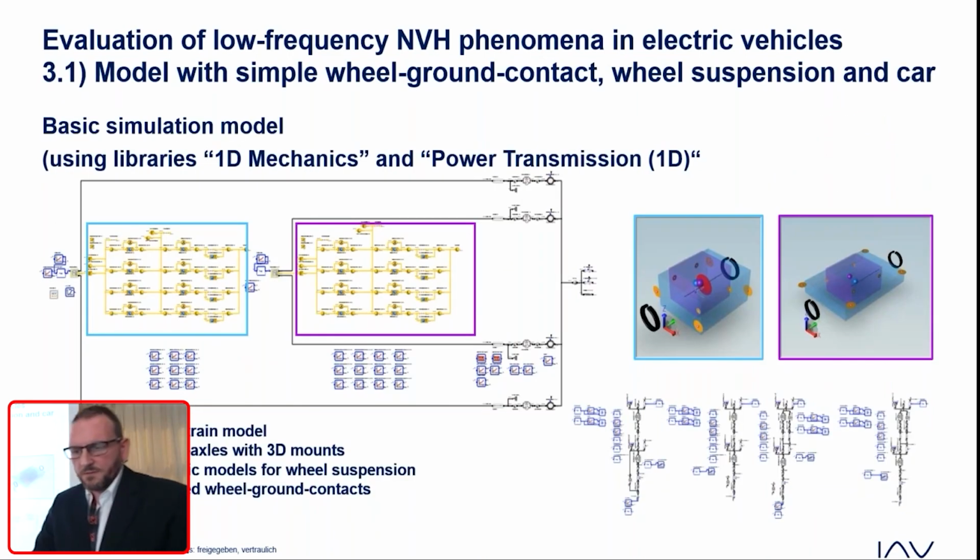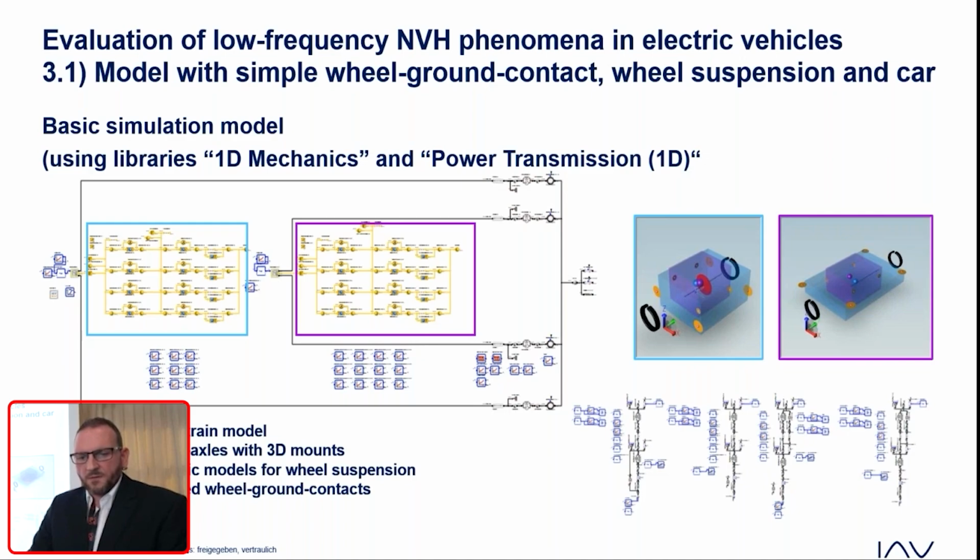This slide shows a basic simulation model with a simple 1D road contact, the wheel suspensions, and the car. The 1D drivetrain model contains the E-axle model on the front and the rear axle, the drive shafts, the wheels, the road contact, and the car to simulate the torsional and longitudinal system behavior.